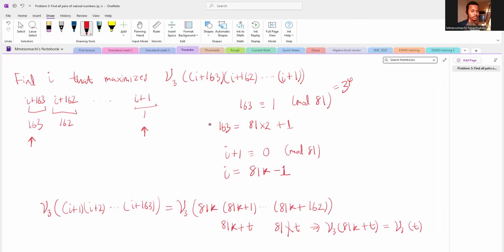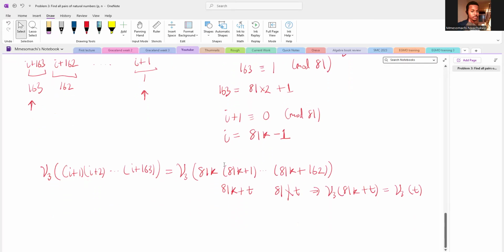Basically, the k that maximizes this is the same as the k that maximizes, so I'll just put arg max. So just look at 81k, the PID values that we are not so sure of. So we have 81k times, I'll put it in brackets, 81k plus 81, and then 81k plus 162.